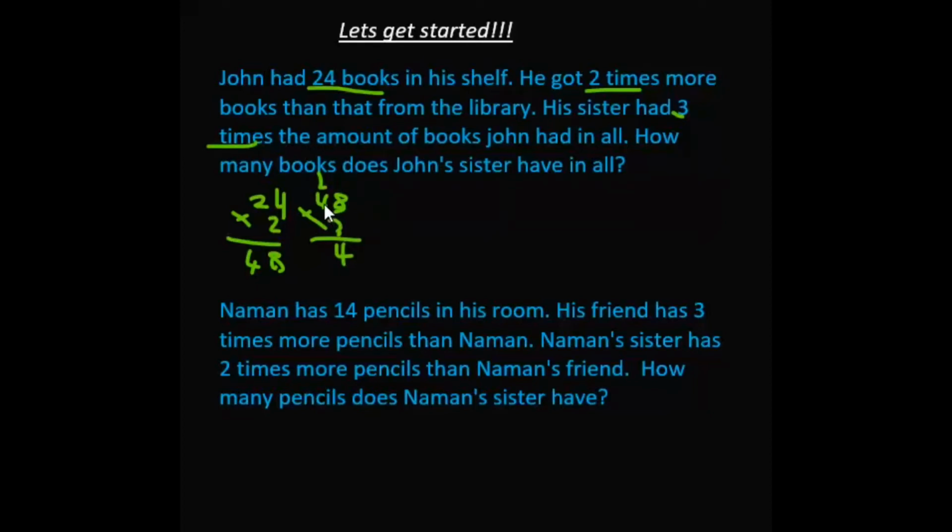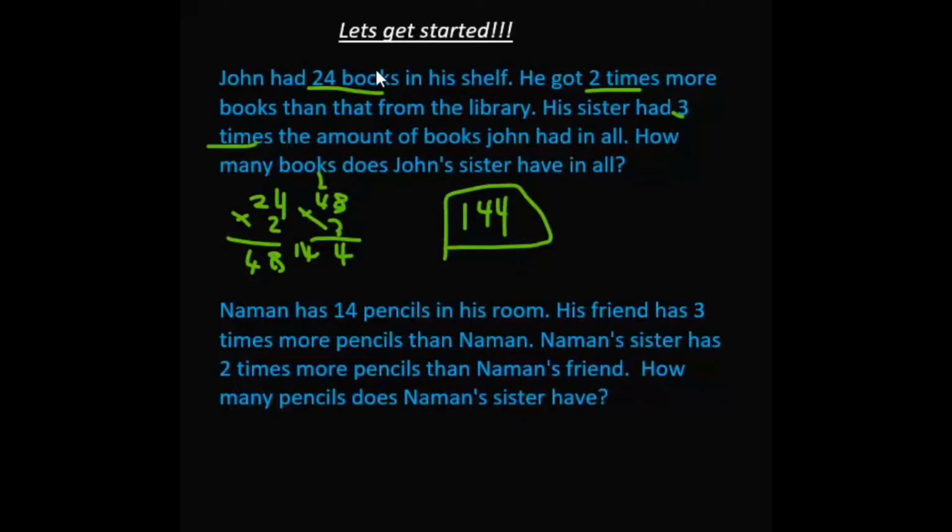So now 3 times 4 equals 4, 8, 12. 12 plus 2 equals 14. So 144. John's sister has 144 books. So the answer is 144 books. Let me box that. Okay, that's our answer.